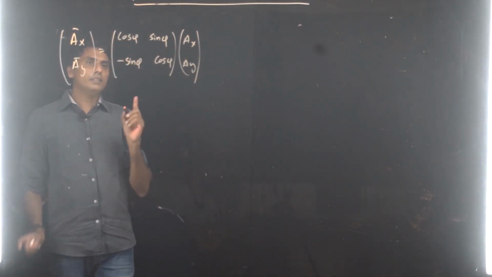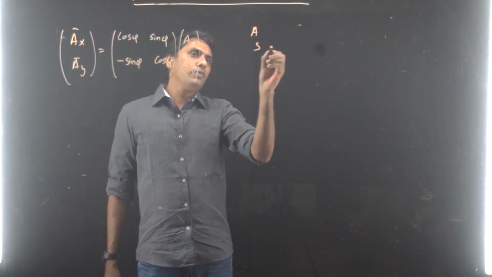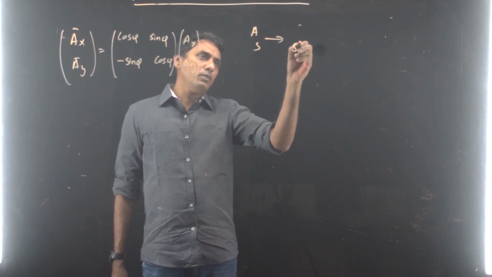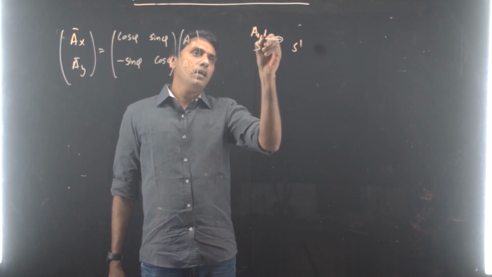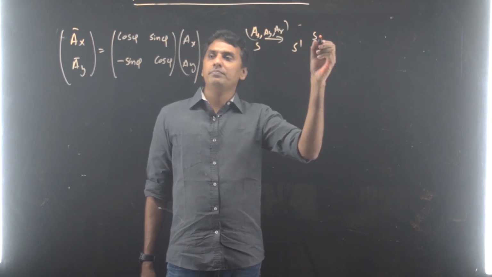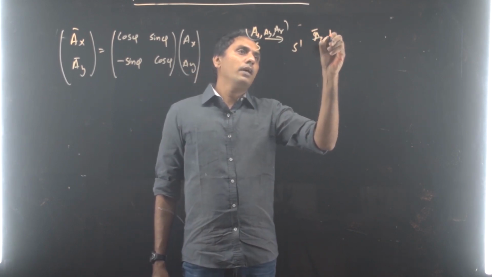Okay, this is the way the coordinates of the vector A in the S frame go to the S bar frame. Here the coordinates are Ax, Ay, and Az, and here you have your Ax bar and Ay bar.